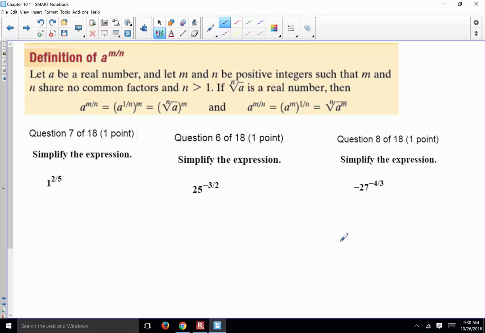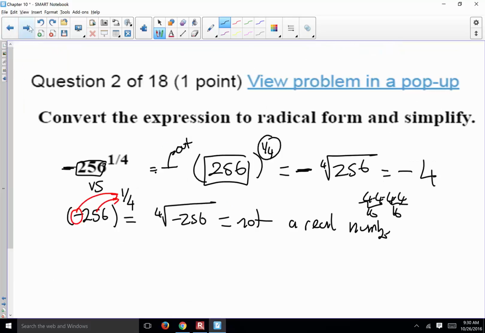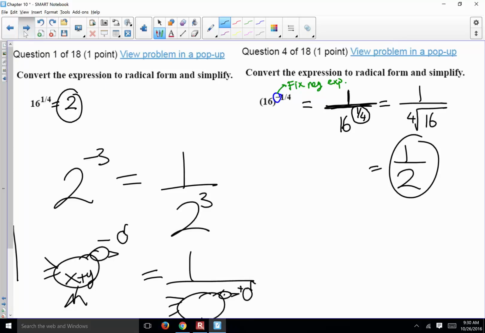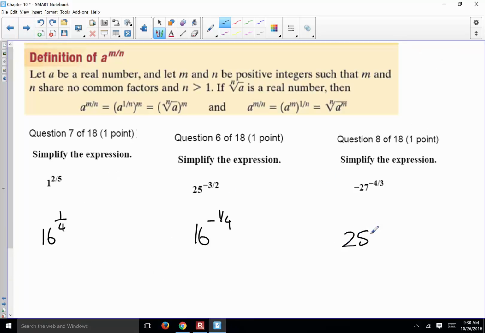What is it? In number 1 you had this 16 1/4. And in number 4 you had 16 negative 1/4. In number 2, I forgot, but 256 1 over 4.